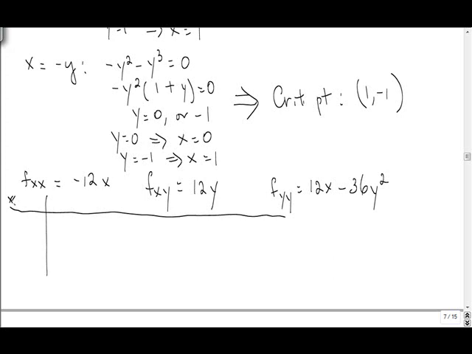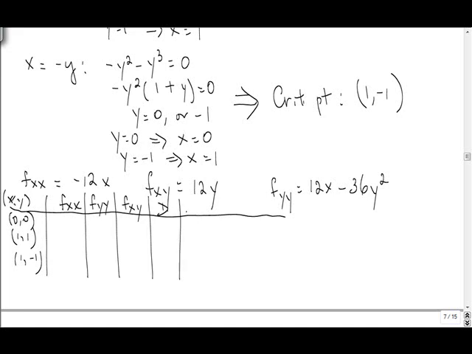So x, y: we have (0, 0), (1, 1), (1, -1). fxx, fyy, fxy, D. Let me put fxy, and then we'll put the type of point, okay?